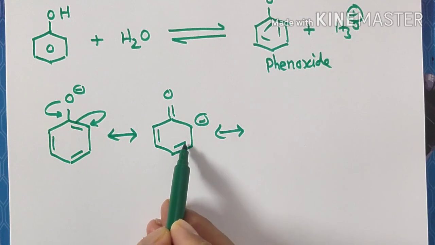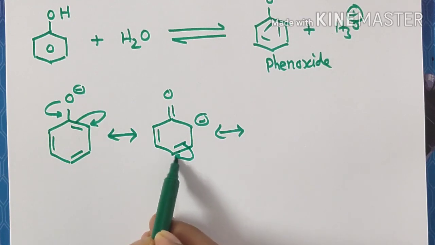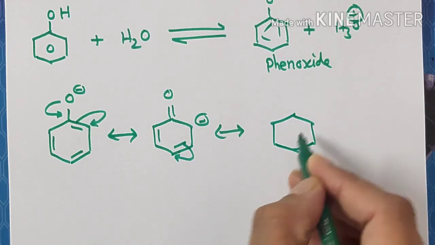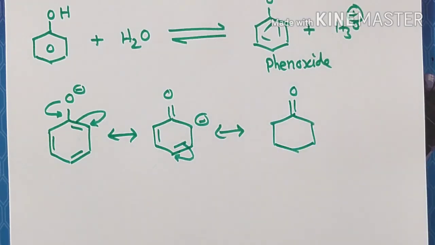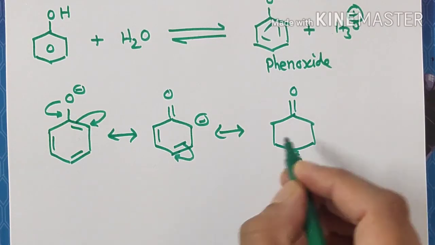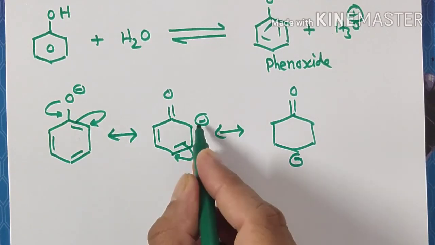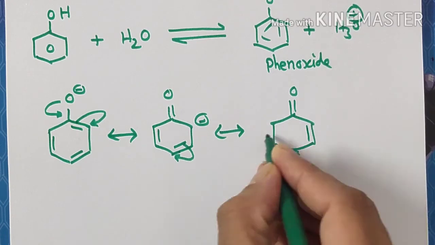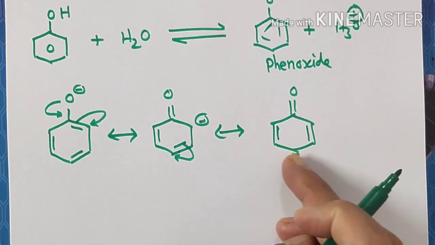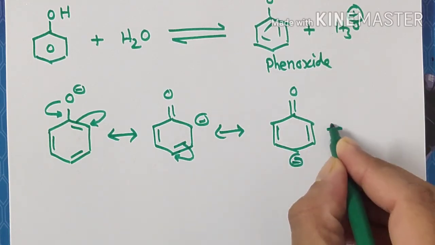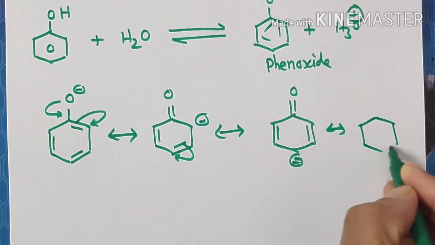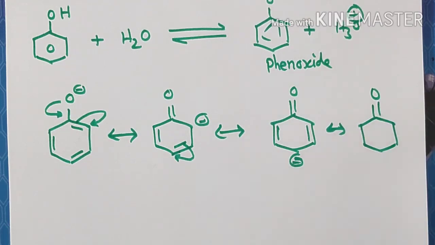How? I have to move this here. So when I move this, the negative charge comes on this. So this will come here, it makes a double bond like this. This is a negative charge, and now the negative charge from here will come on this next resonating structure. So the next resonating structure will be like this.